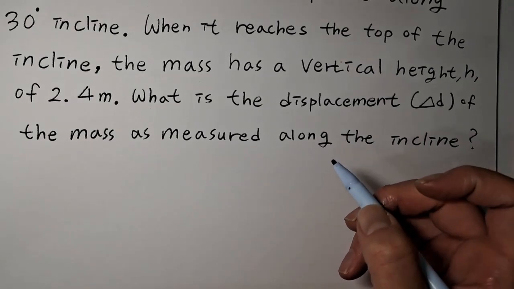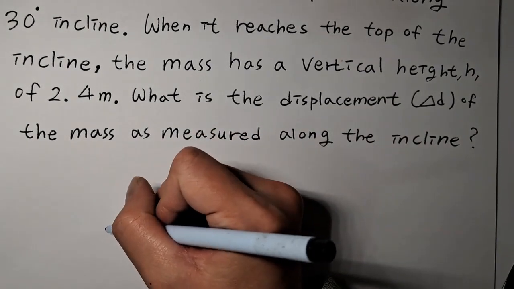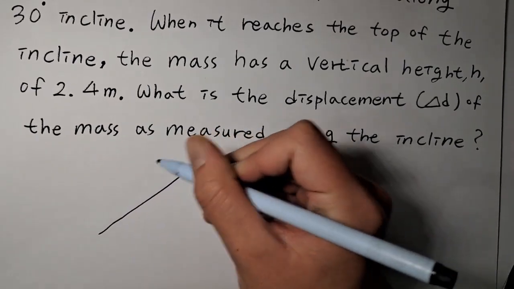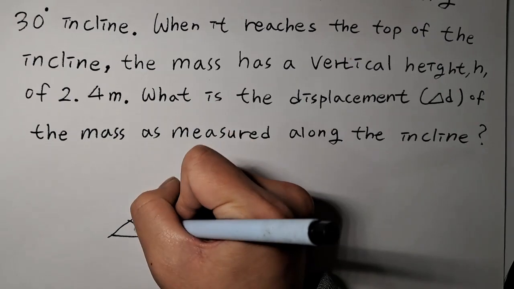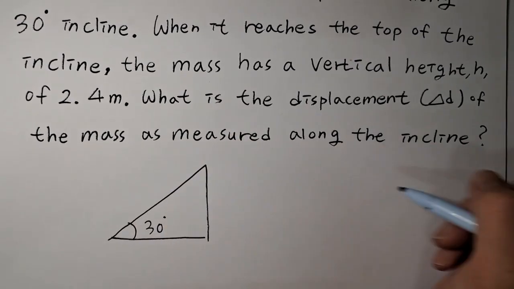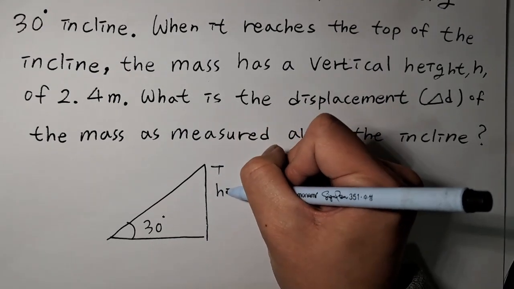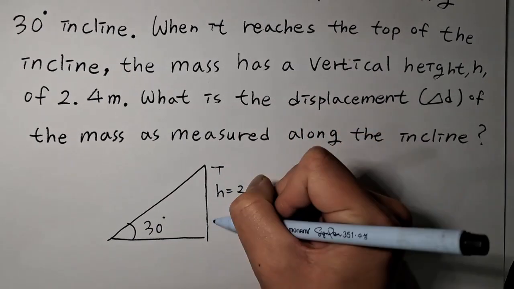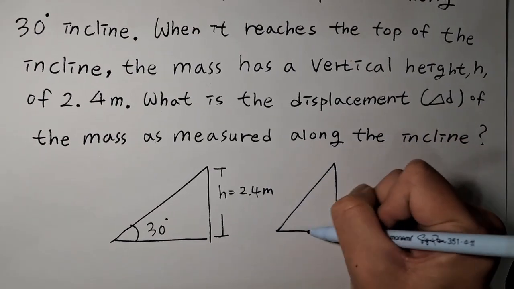So this is the incline, this is 30 degrees, and this height is 2.4 meters. So we are going to use this formula.